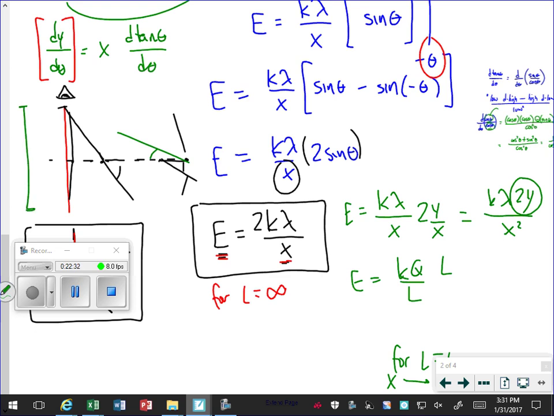This is a stick of length L. This is y. And then x squared. And check this out. If we're really far away, that looks like a point charge. Oh, yeah. You dig? I dig.